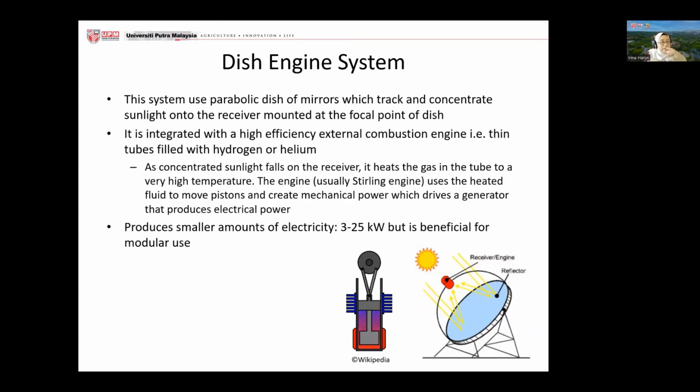As the earth rotates, the position of the sun will be different in the morning and the afternoon, and in the late afternoon it will be different too. So in this type of system, the dish mirror will track the movement of the sun. It will move and try to capture as much sunlight as possible.